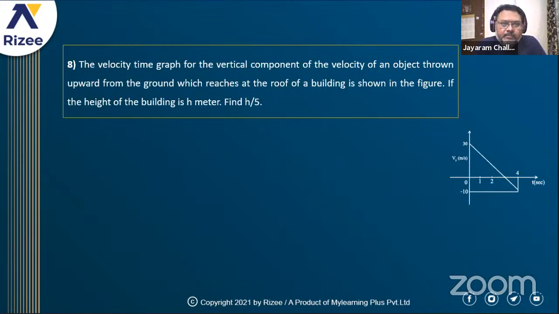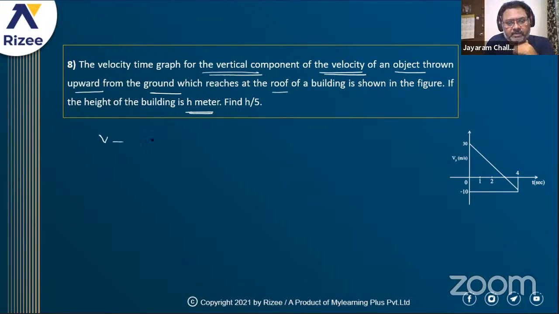Next question, please. The velocity time graph for the vertical component of the velocity only of an object thrown upwards from the ground reaches at the roof of a building as shown. The height of the building h meters is asked. Okay, it's a velocity time graph.